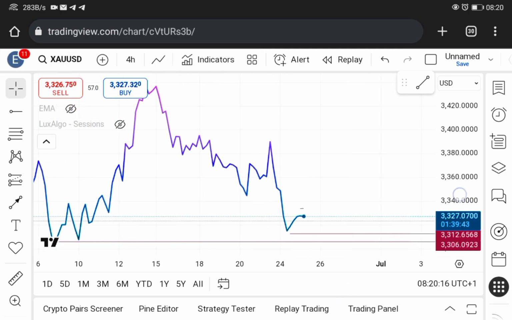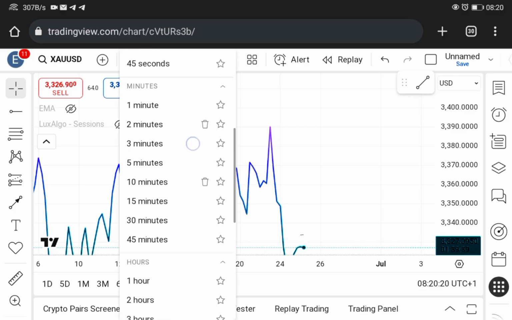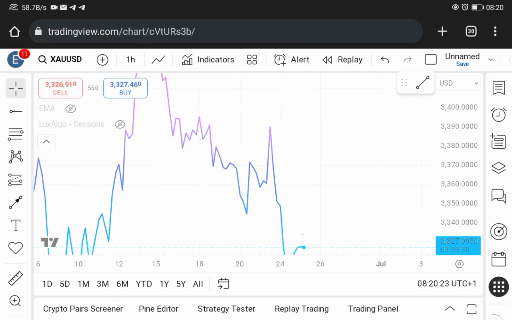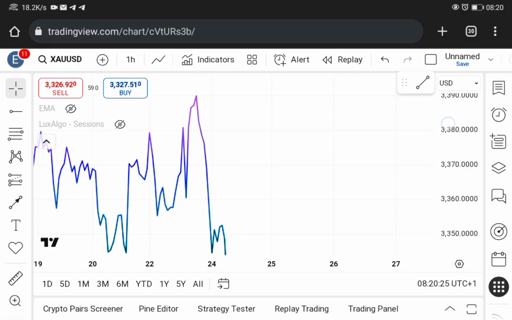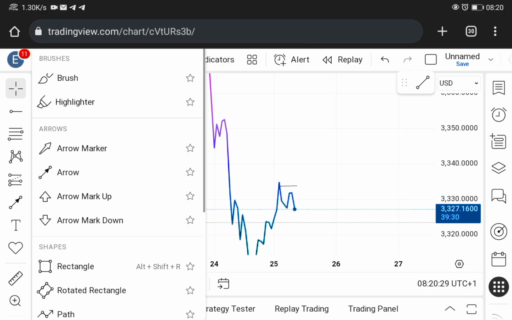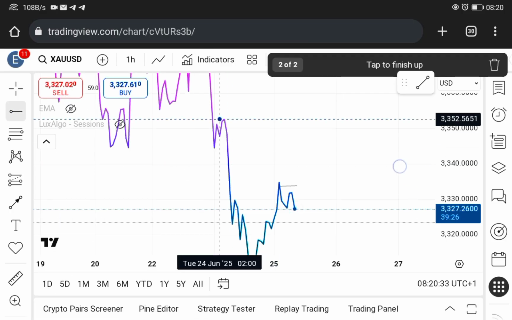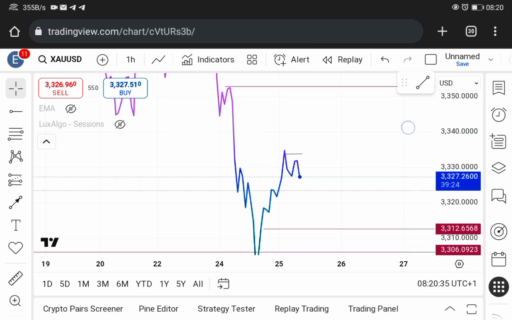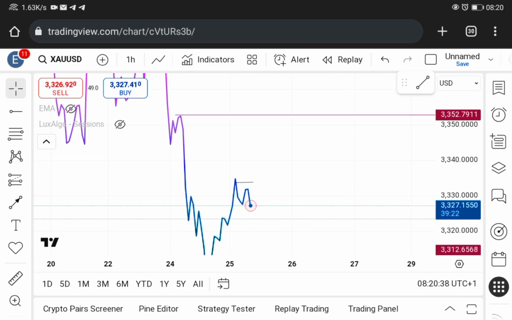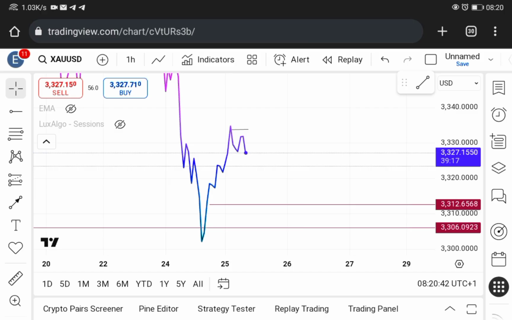Then, if I turn to my H1, on my H1 I noticed something here. Yesterday I was expecting a buy from this zone.